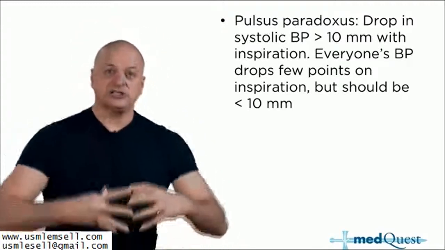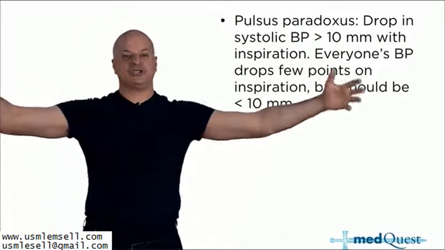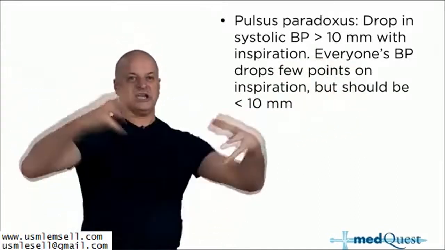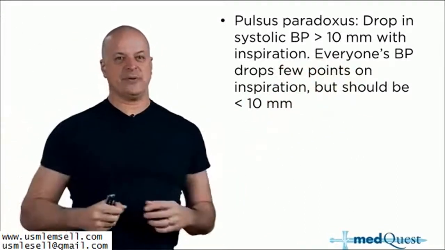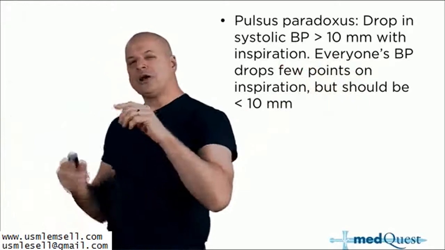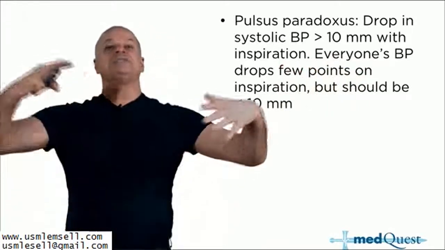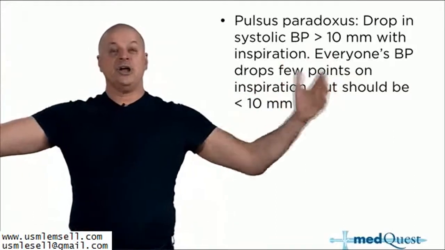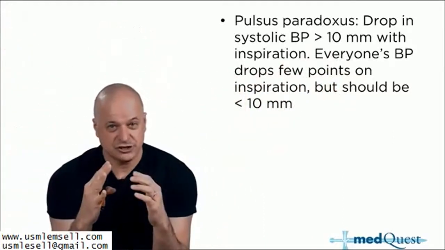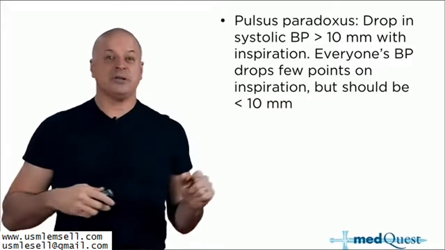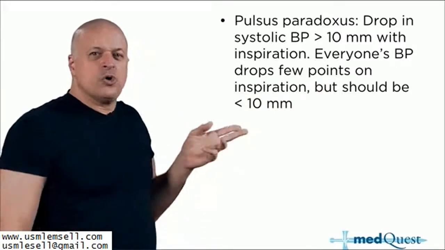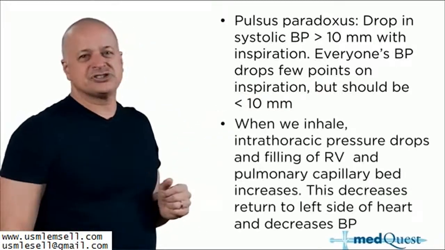Normally the heart just expands in external diameter. But when you are encased in tamponading fluid, the heart can't just expand in external diameter because it's been encased. And that's why the blood pressure drops. So what's the paradox?